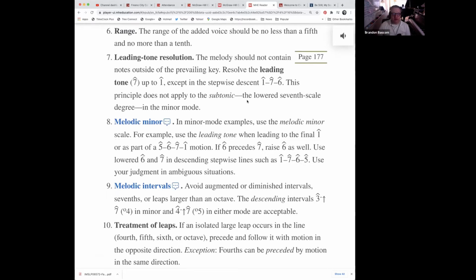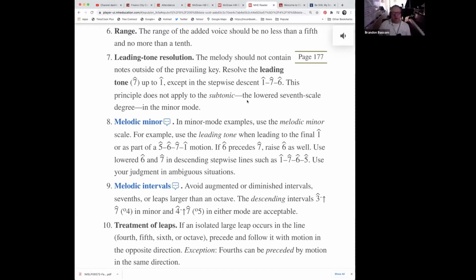Take care of your leading tone and resolve it properly, except when going do, ti, la. Do, ti, la is okay. And when you have the subtonic, remind me what the subtonic is. Flatted seventh.